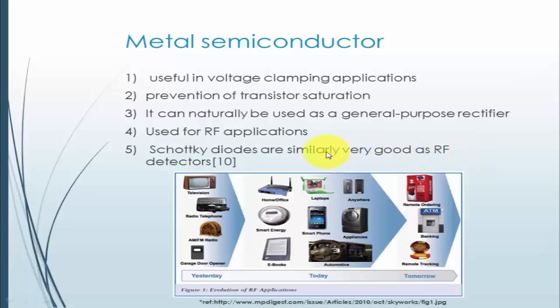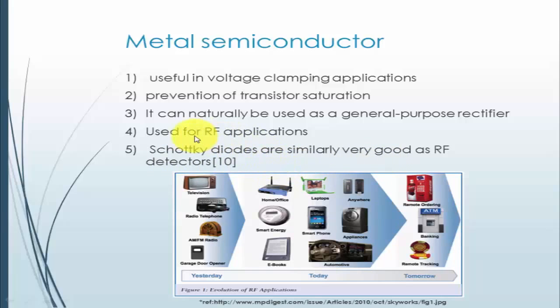As for the metal semiconductor, they are useful in voltage clamping applications and prevention of transistor saturation. They can naturally be used as general purpose rectifiers, and they are used for radio frequency applications. Schottky diodes are very good as radio frequency detectors.